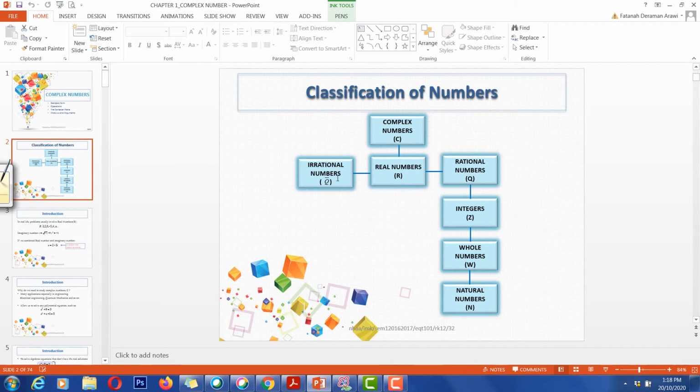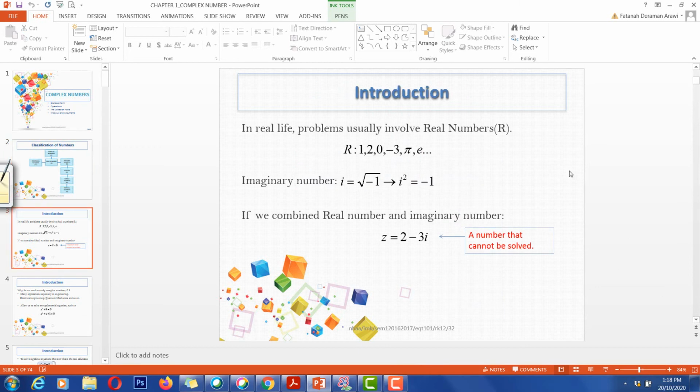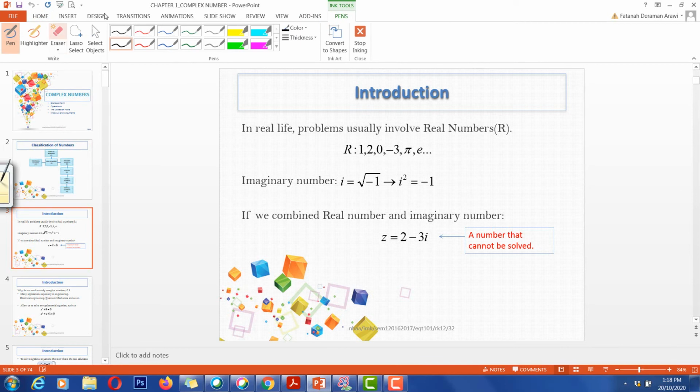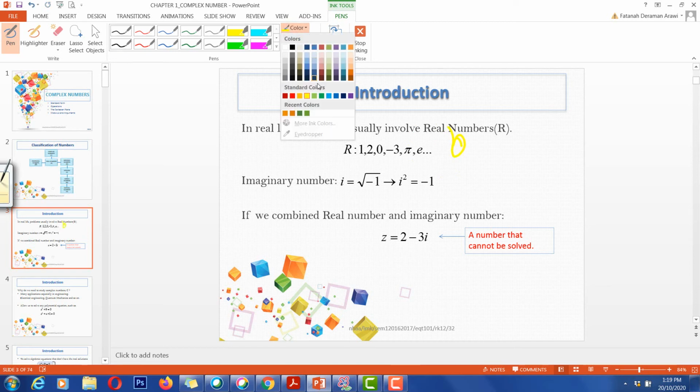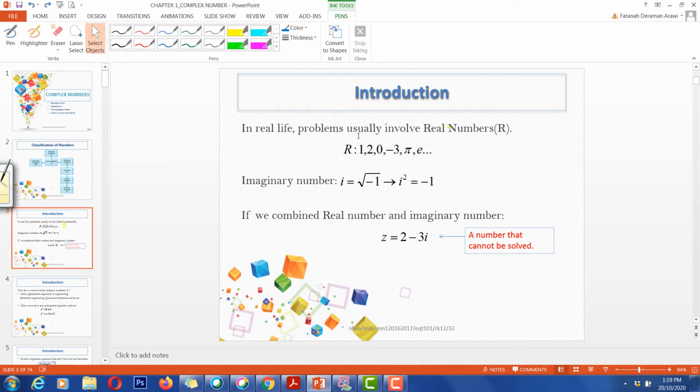But before we go through that, let us look at the complex number in general. In general, we have irrational numbers inside complex numbers, real numbers, rational numbers, integers, whole numbers, and natural numbers. And then we have the imaginary part and the real part. A is the real number, and then there is the imaginary part.